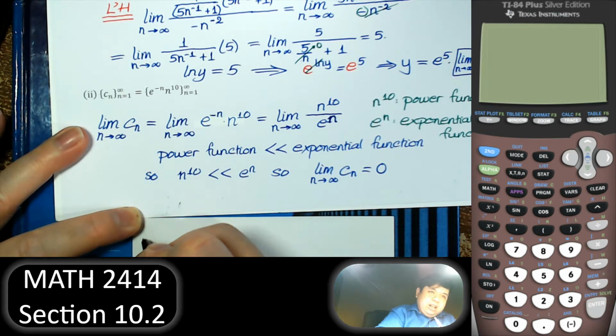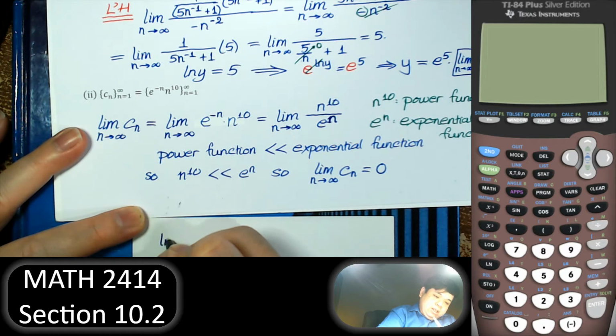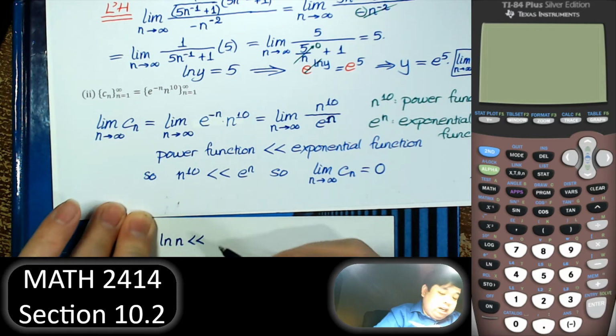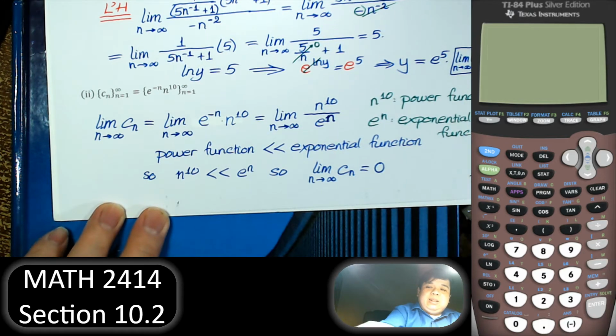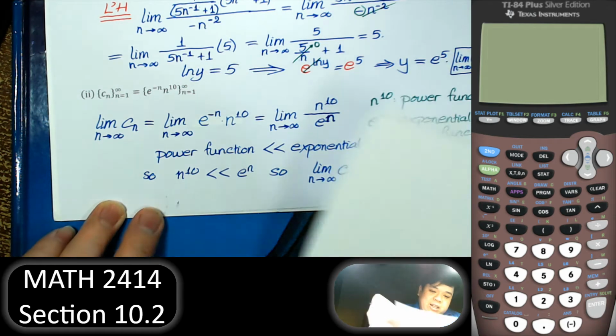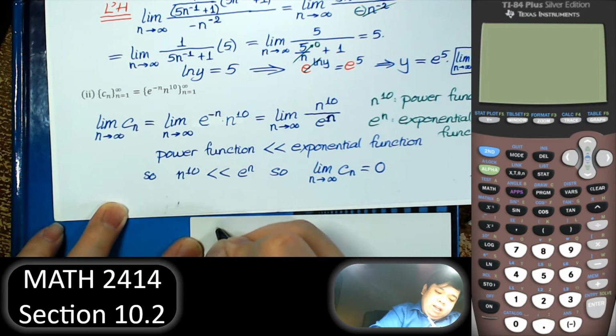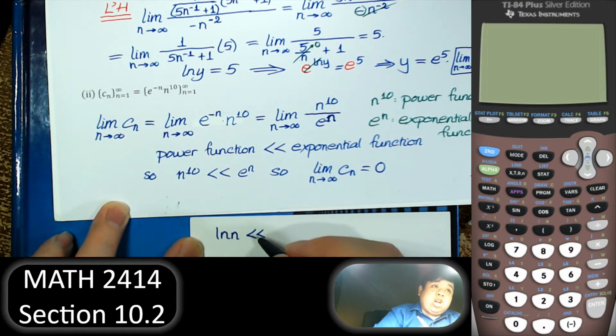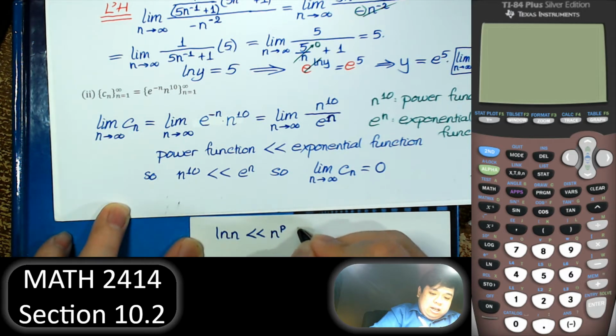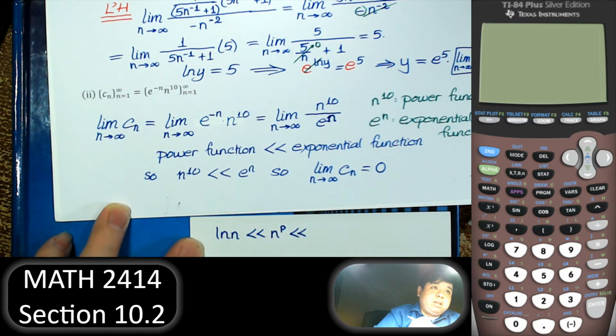We start with ln of a number. ln will be lower than any power function, and the power function is slower than the power function times that, and then we have the exponential function.